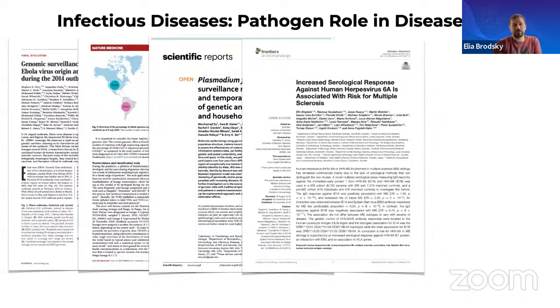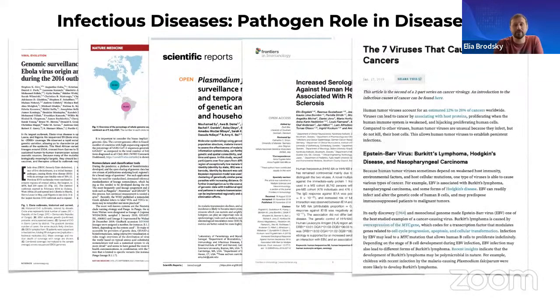This idea was proposed back in the 1990s, but only recently have there been validated studies that show that indeed there is a statistically significant association between human herpes virus and the development of multiple sclerosis, which leads us to think about many other types of diseases that we think are purely neurological or perhaps genetic and a result of somatic mutations like cancer, but in fact are caused by different types of infectious agents, pathogens.